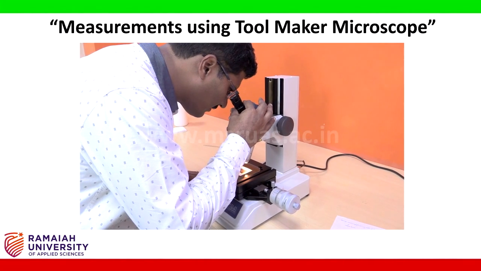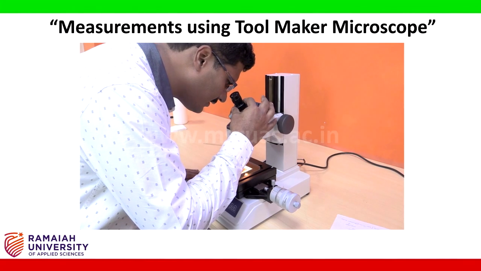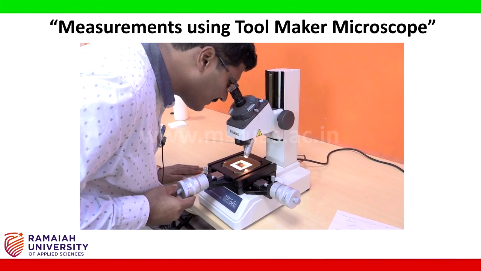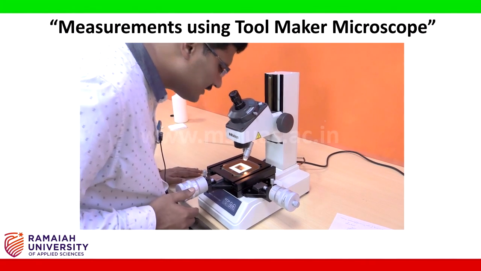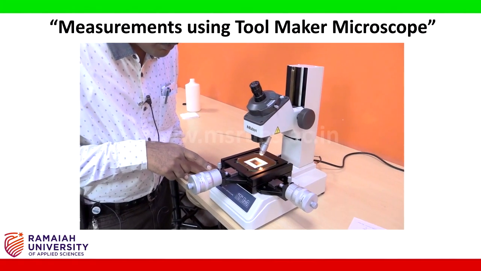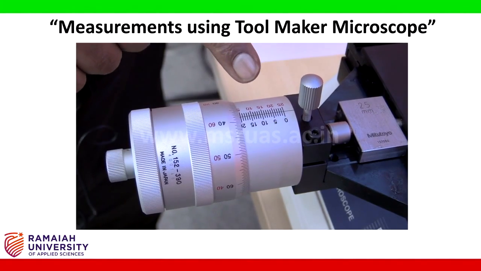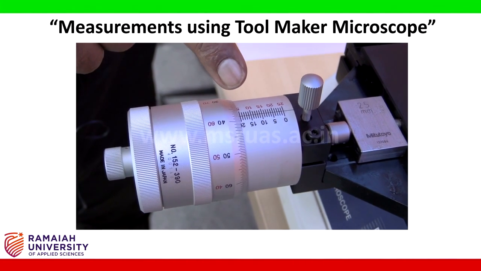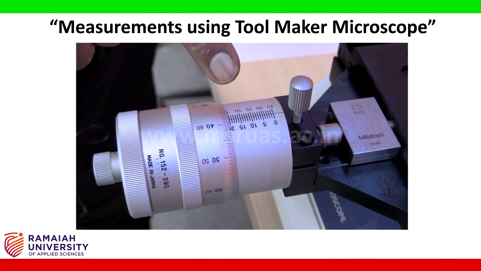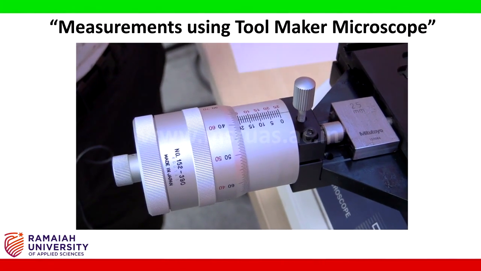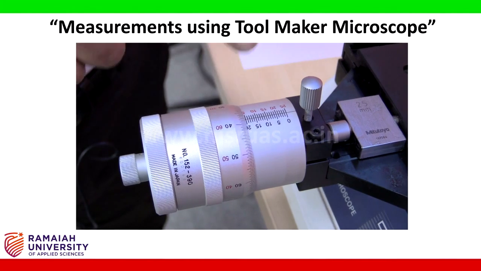A little bit of fine tuning. Now once this is ready, I am going to record the reading on the micrometer head. Now the micrometer reading is 4.575 mm. This is the initial reading in the y-axis.